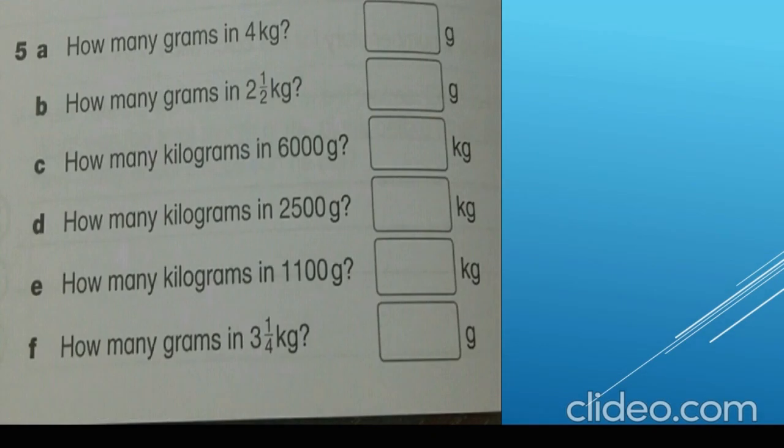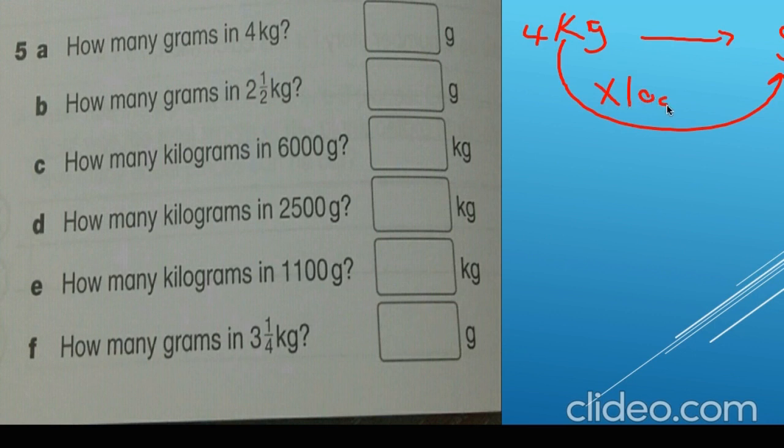Okay. Number 5. How many grams in 4 kilograms? So, he wants you to transfer from 4 kilogram to gram. As we said before, from the biggest units to small units, what we will do?